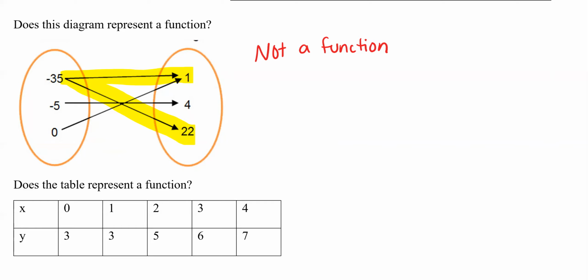Let's look at this table. Does the table represent a function? Does each x value go to only one y value? And if you just look at your x's, you have 0, 1, 2, 3, 4. And since they don't repeat, that's one way to quickly determine whether or not it is a function.